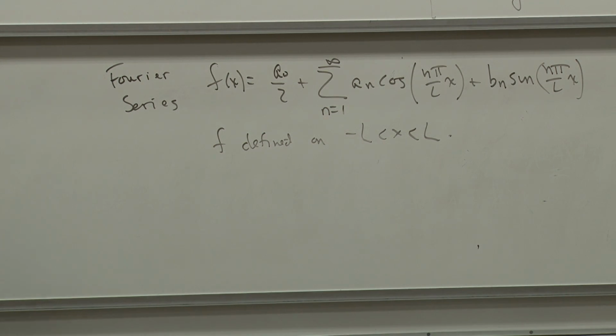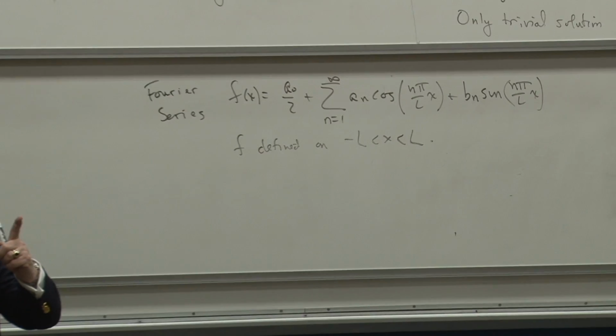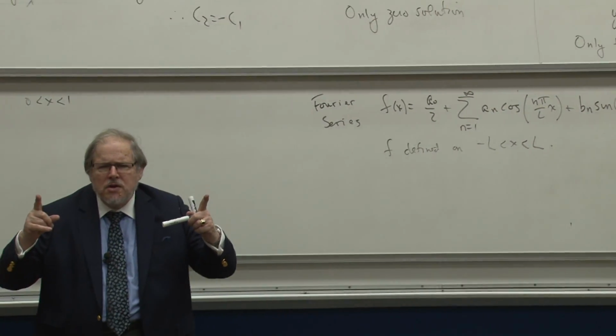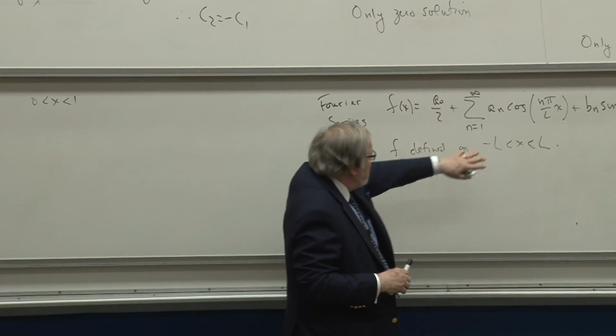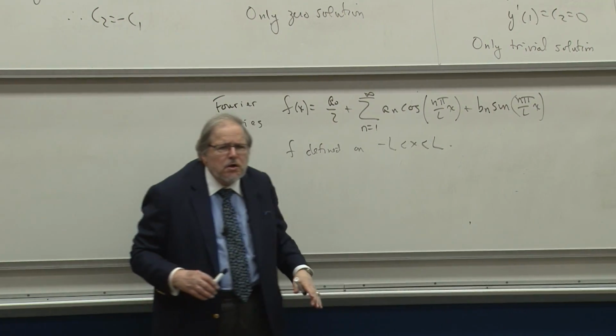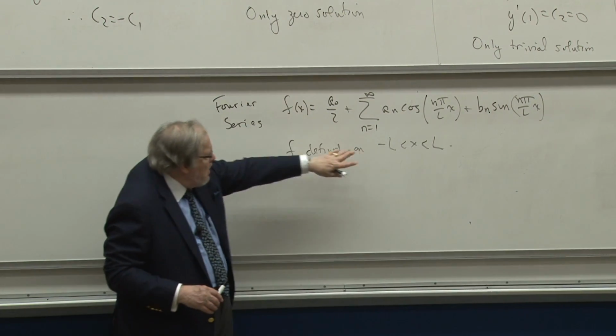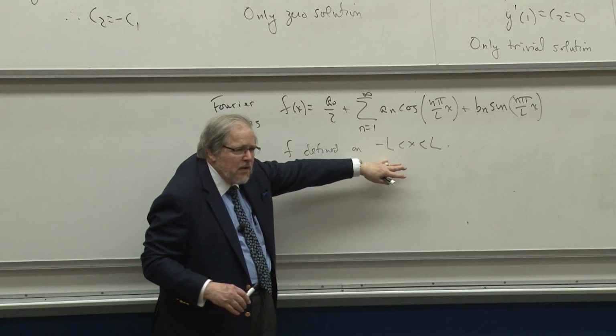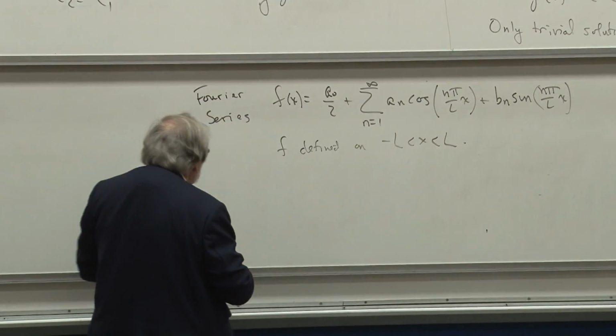So that is an interval of size 2L. The width of that interval is 2L, and the functions involved here are periodic with period 2L. The period matches the range of the function.